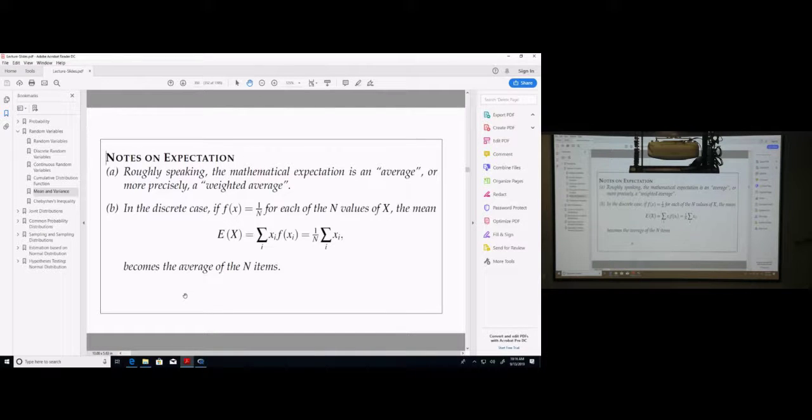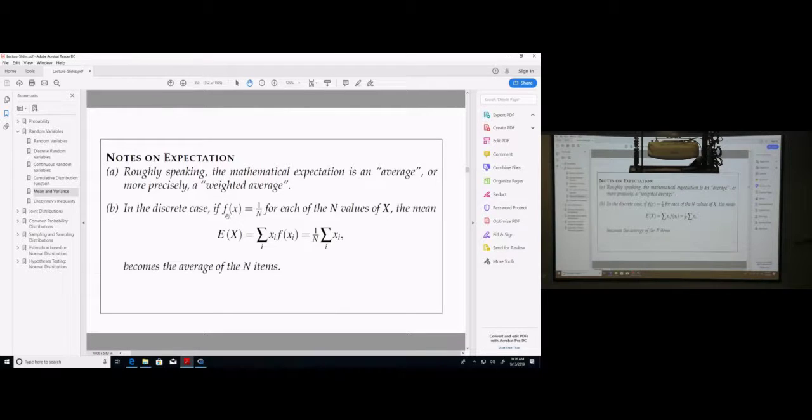Okay, so this is the thing that I'm trying to explain with the visualizer as well as the simulations. So roughly speaking, the mathematical expectation is an average, or more precisely, a weighted average, weighted according to the probability of that particular value.